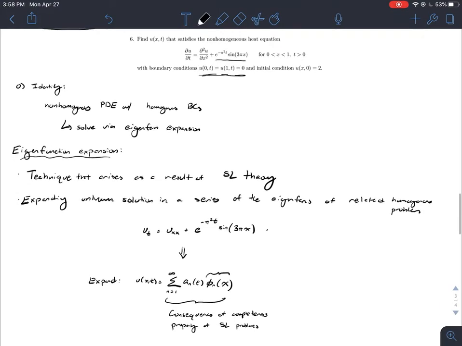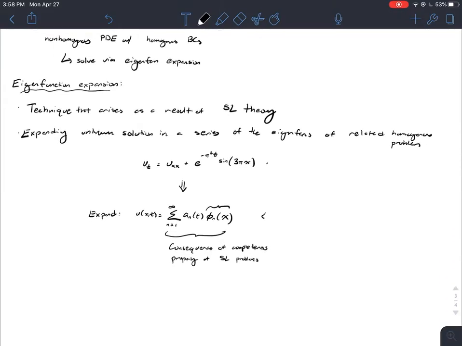A brief overview of eigenfunction expansion, because I'm pretty sure Professor Garcia Juarez has covered the theory behind it much more extensively than I'm going to. I'm going to cover more of a technical application of it. Eigenfunction expansion is a technique that arises from Sturm-Liouville theory, and essentially involves expanding an unknown solution in a series of eigenfunctions of related homogeneous problems.